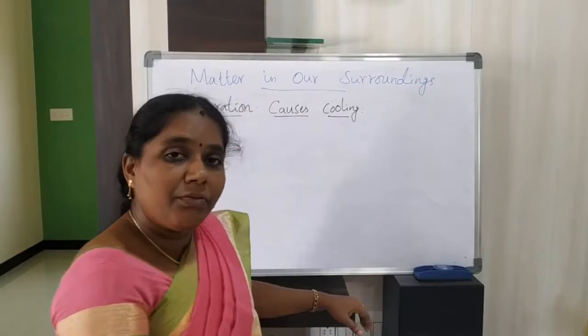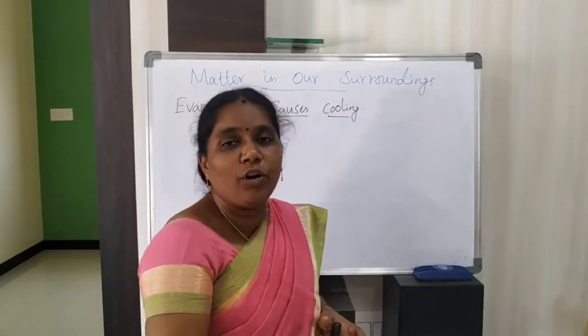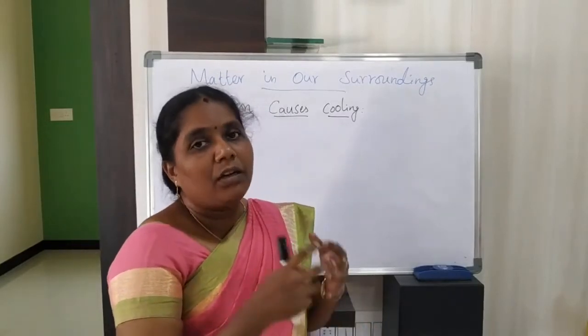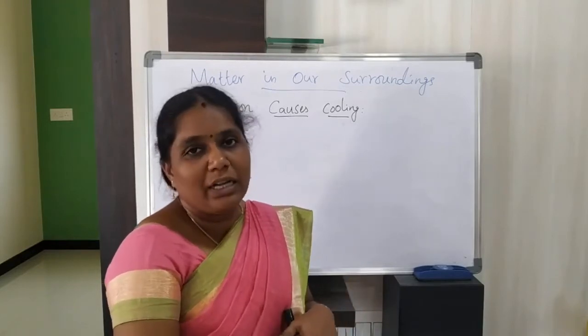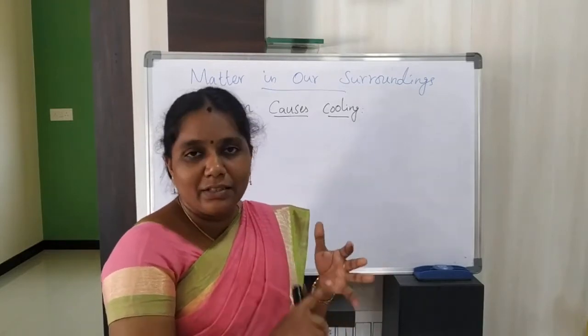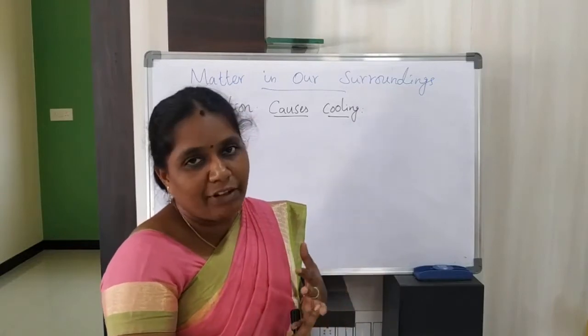So what are the factors which affect the rate of evaporation? As the temperature increases, the rate of evaporation also increases. So temperature is one of the factors. When the surface area is more, evaporation takes place at a faster rate. So surface area is also one of the factors. Similarly, wind speed: increasing wind speed increases the rate of evaporation.